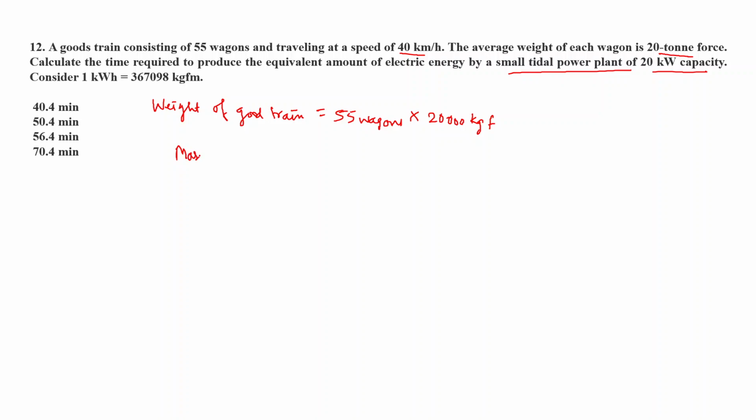Mass of goods train divided by 9.81 will be 112130.479 kgf second square meter.